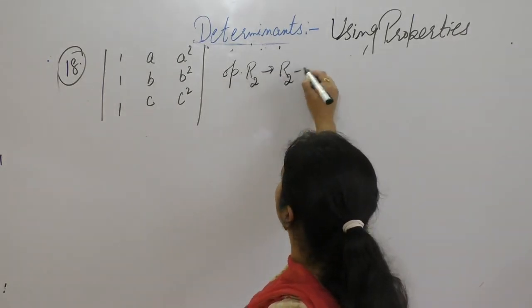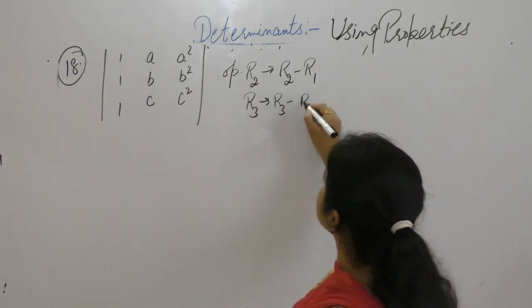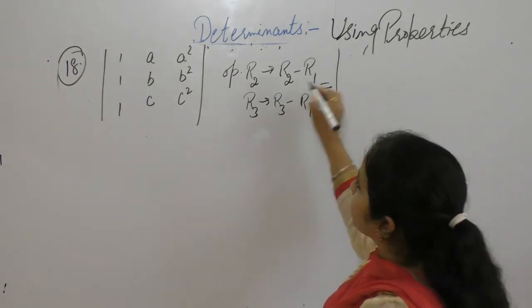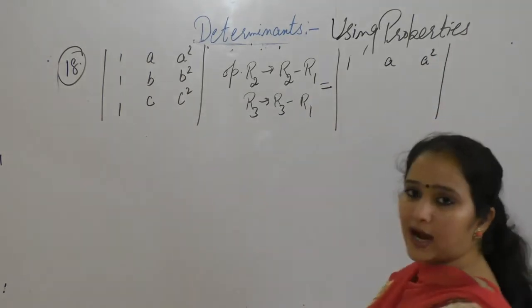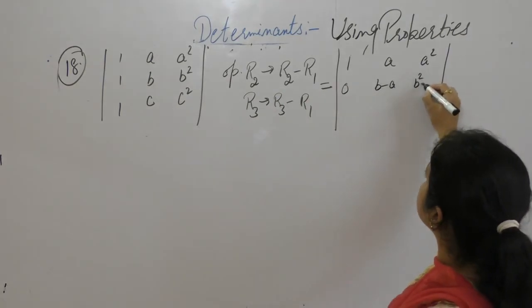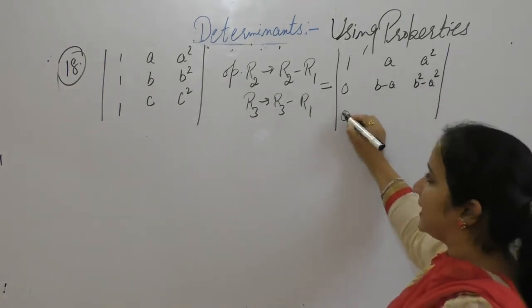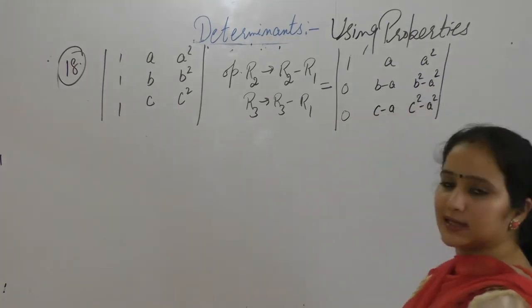R2 as R2 minus R1, R3 as R3 minus R1. Row 2 becomes 1 minus 1, b minus a, b square minus a square. Row 3 becomes 1 minus 1, c minus a, c square minus a square.